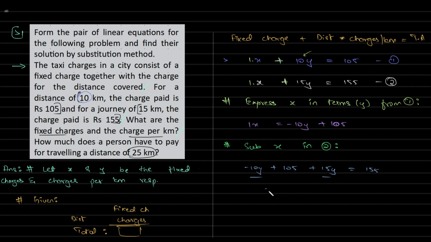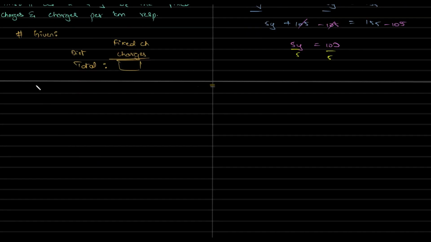These two are like terms, so we have 5y plus 105 is equal to 155, right? So we need to eliminate 105. That is easy. 5y is equal to 50. Then dividing by 5, y is equal to 10.